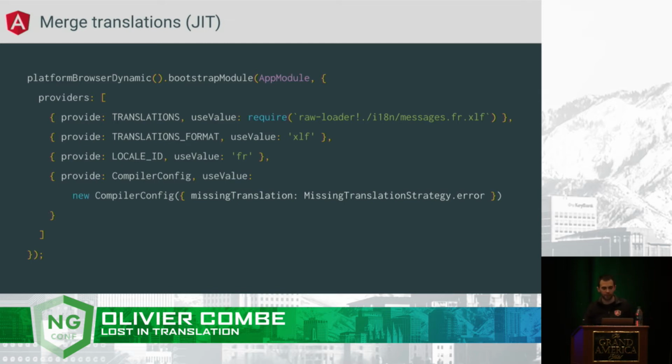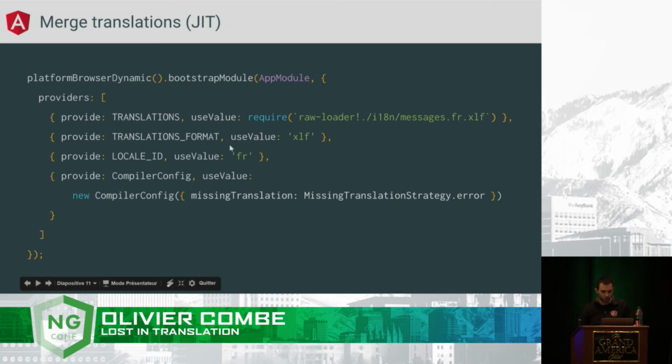The first thing that you have to provide is the translations. In this case, I will use require to load it because the CLI uses Webpack, so this will work, but you would probably do something dynamic so that it loads the correct file. But just for this example, I will do it like this.